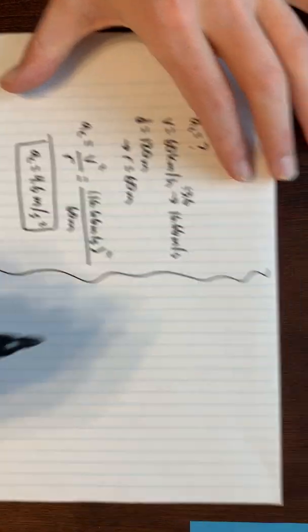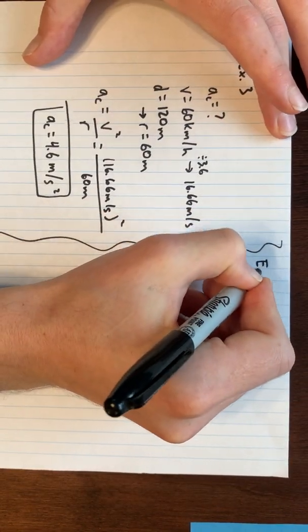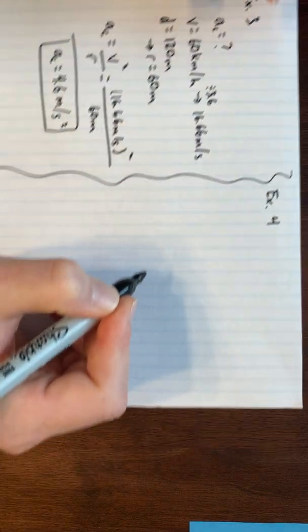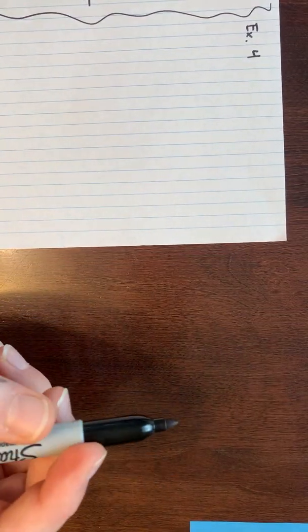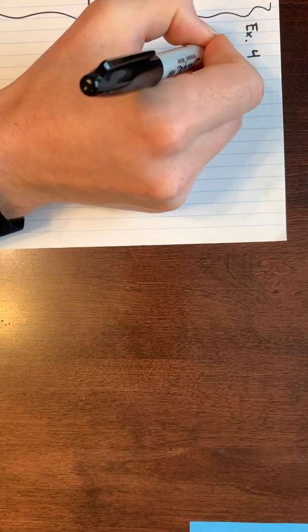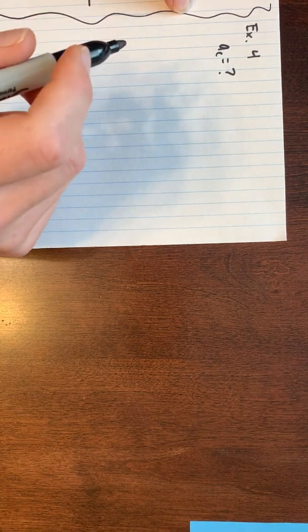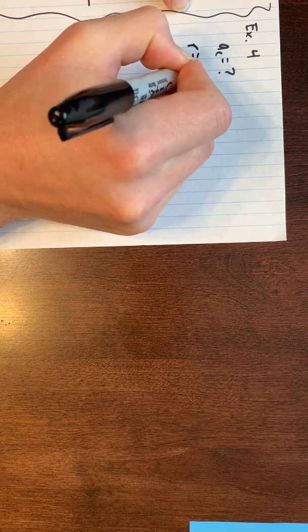Example 4. Okay, we are looking for the centripetal acceleration again of a horse running around a circular track with a radius of 10 meters.